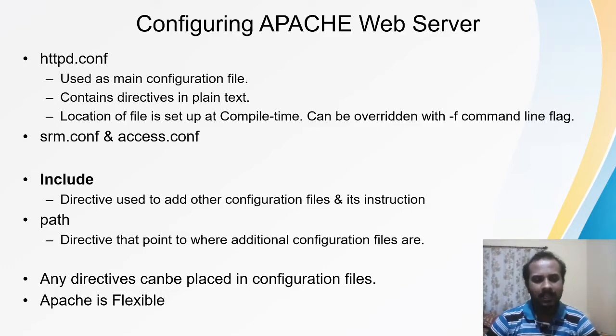It is not the case that httpd.conf is the only configuration file that we can use. We can use srm.conf also, and we can use access.conf. Let us say that you want to add a new configuration file to your Apache. Then you have to use two directives: one is the Include directive, and another one is the path directive.